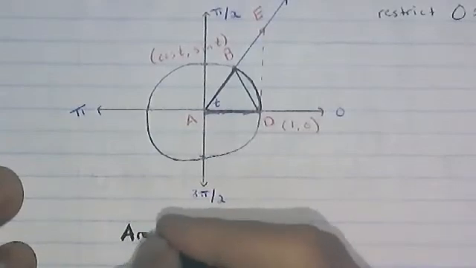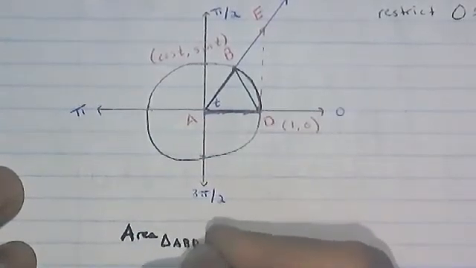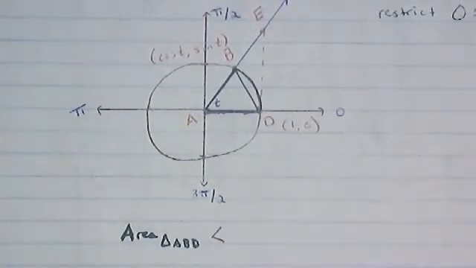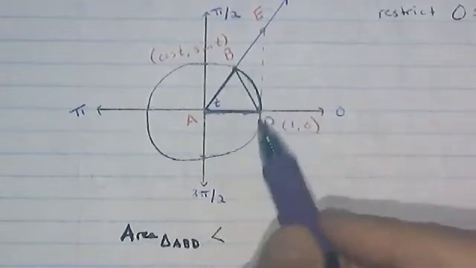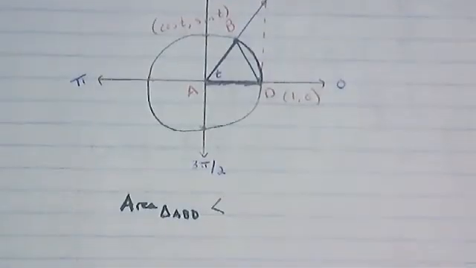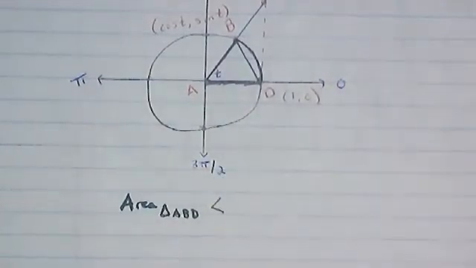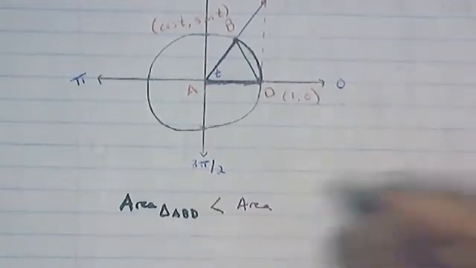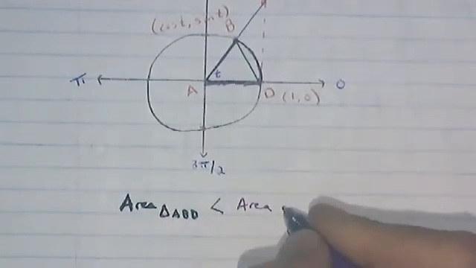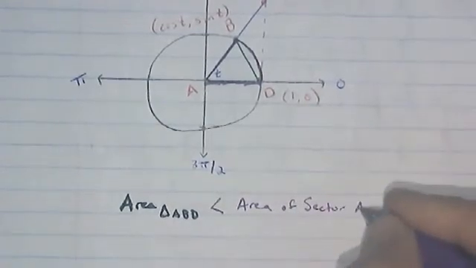Try to be clever and I mess it up. But do you agree that the green triangle has an area that is always smaller than the purple sector? No matter where you put t, that sector is going to have a little more area. So this will be the area of sector ABD.